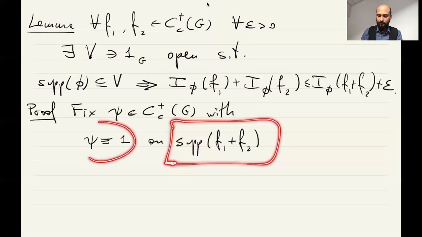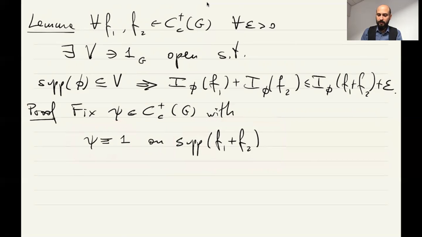So by Urysohn, we can find a function that is 1 on the support and then decays continuously and is 0 outside another compact set. Okay. Then what we do next, we also fix delta.